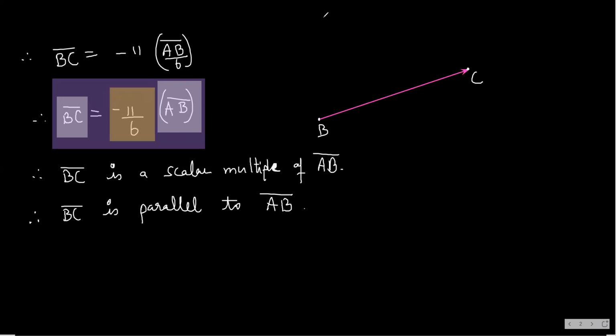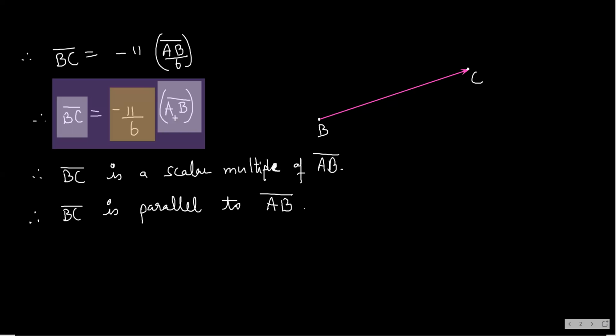Which vector do I draw? AB bar. And AB bar is in opposite direction. Okay, so I will draw AB bar which is in opposite direction. So I need to start.